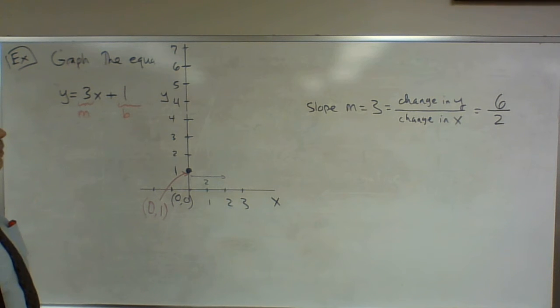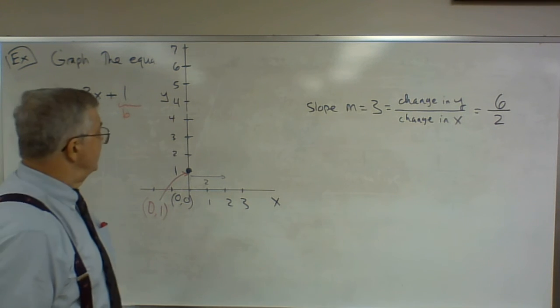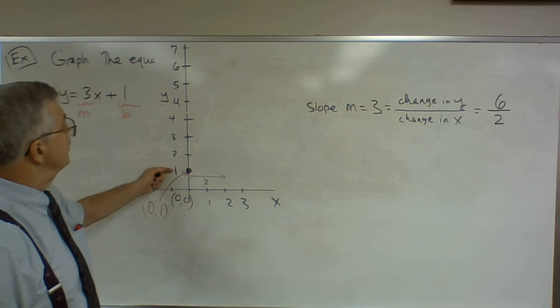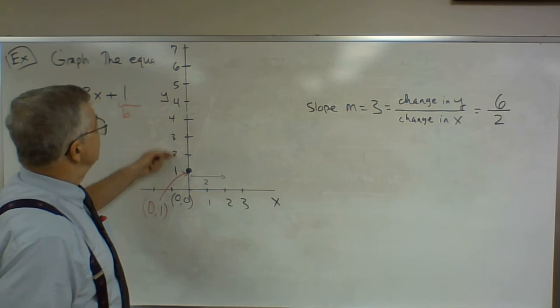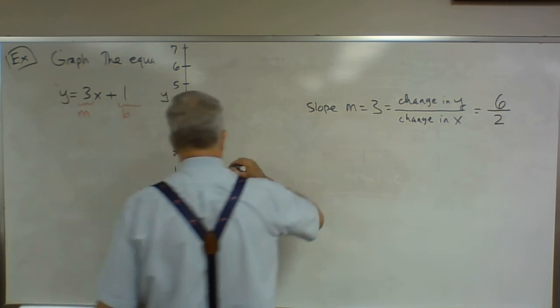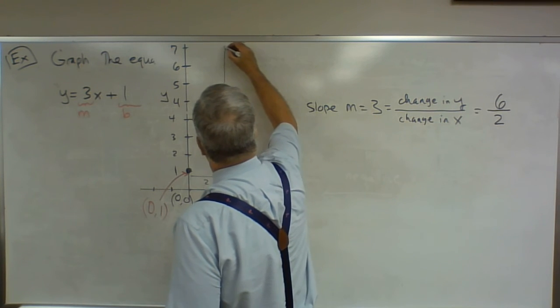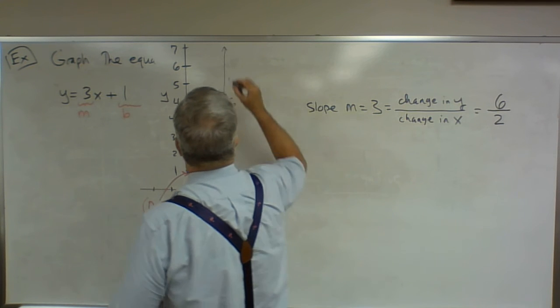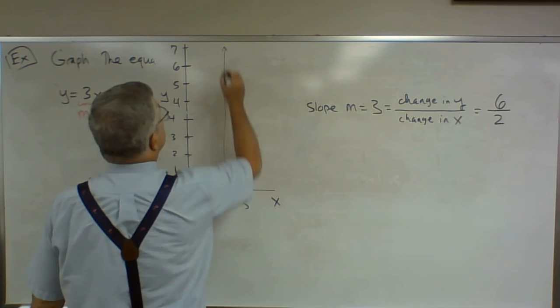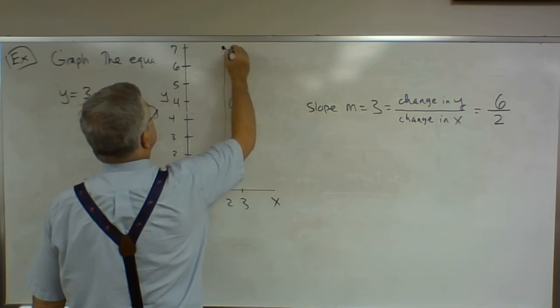And the change in y, oh my goodness, it's going to be 6. It's going to go from 1, and it's going to go up 6 units in the positive direction. 6 units. So we end up at the point (2, 7).